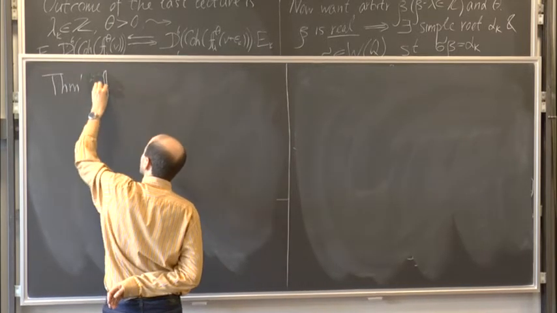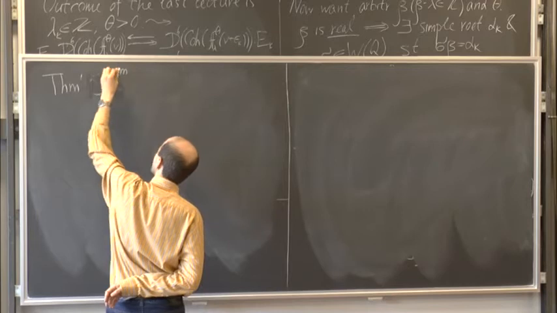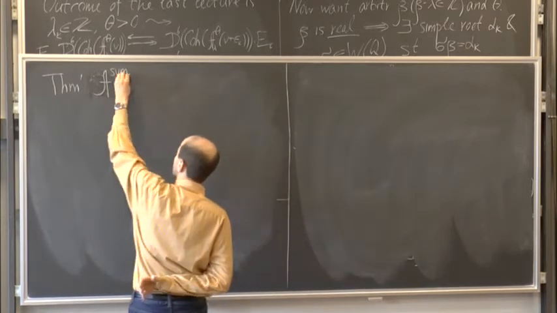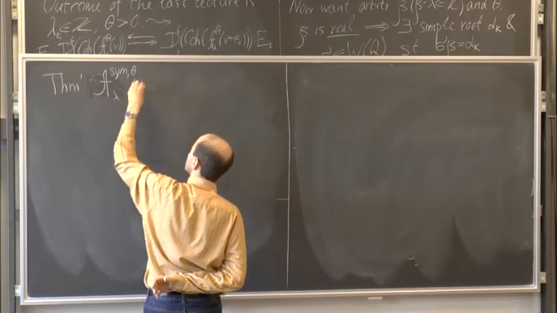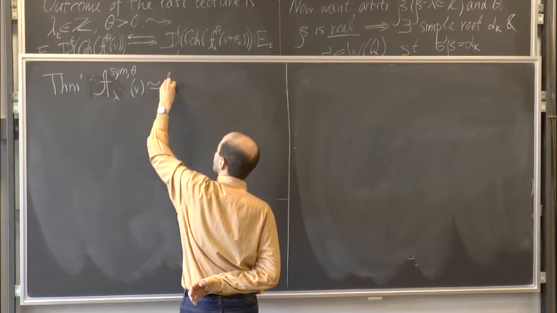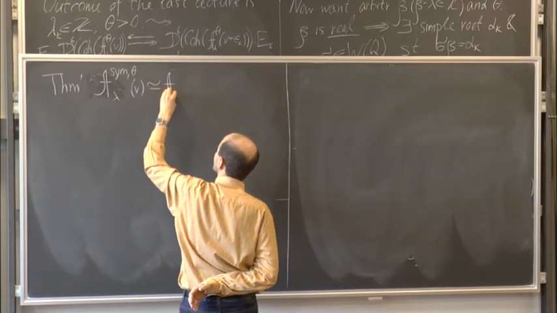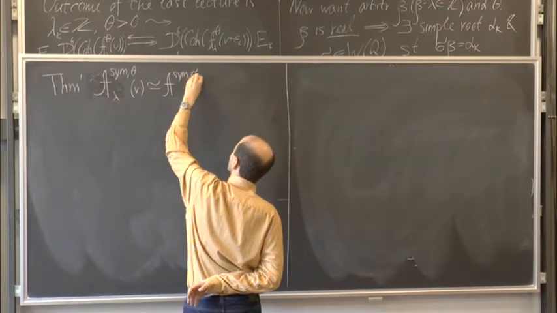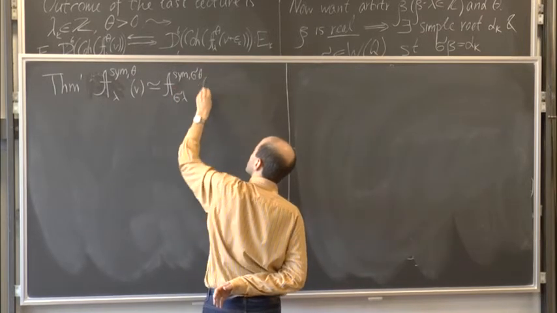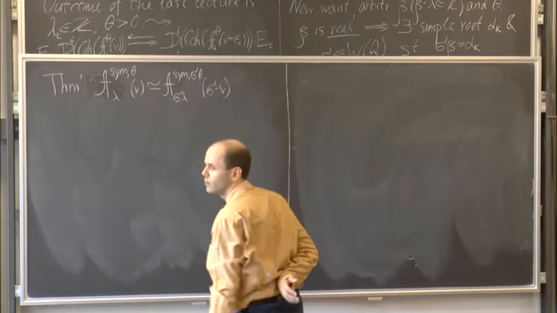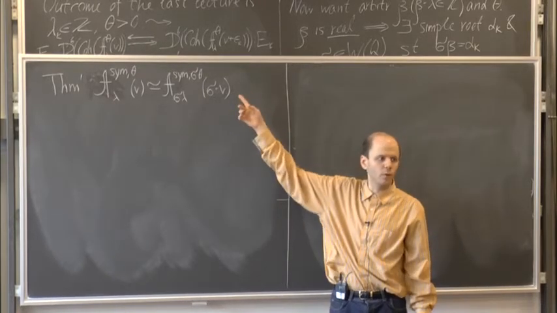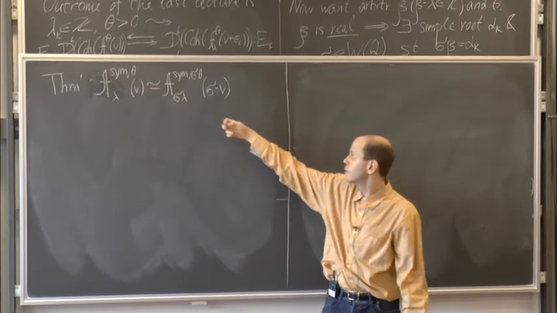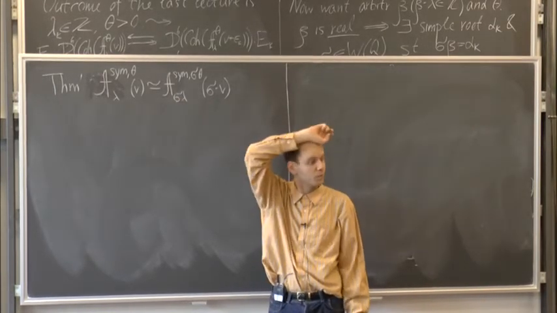The sim here means that I use the symmetrized quantum moment map. A sim theta lambda v is isomorphic to A sim sigma theta sigma lambda sigma dot v. And if I want to remove sim here, I will need to shift a parameter by some element, but the element will be integral.